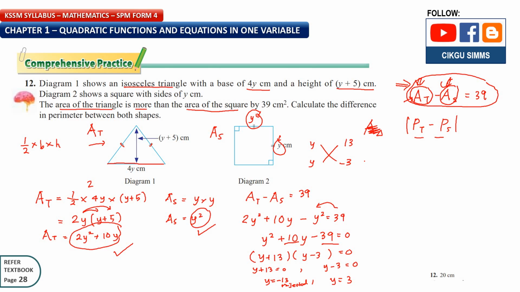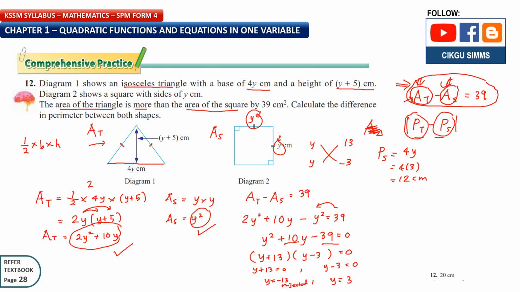So I can find the perimeter for the triangle and also the perimeter for the square. Perimeter for the square is easy, I find it first. Perimeter for the square is 4y, right? y plus y plus y plus y is 4y. So 4 times 3, you get 12 cm.